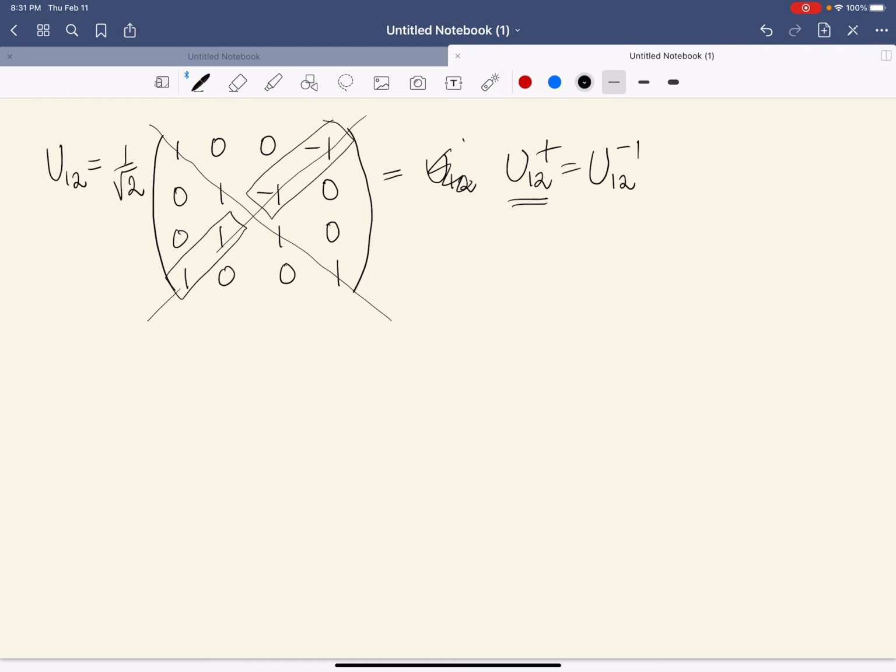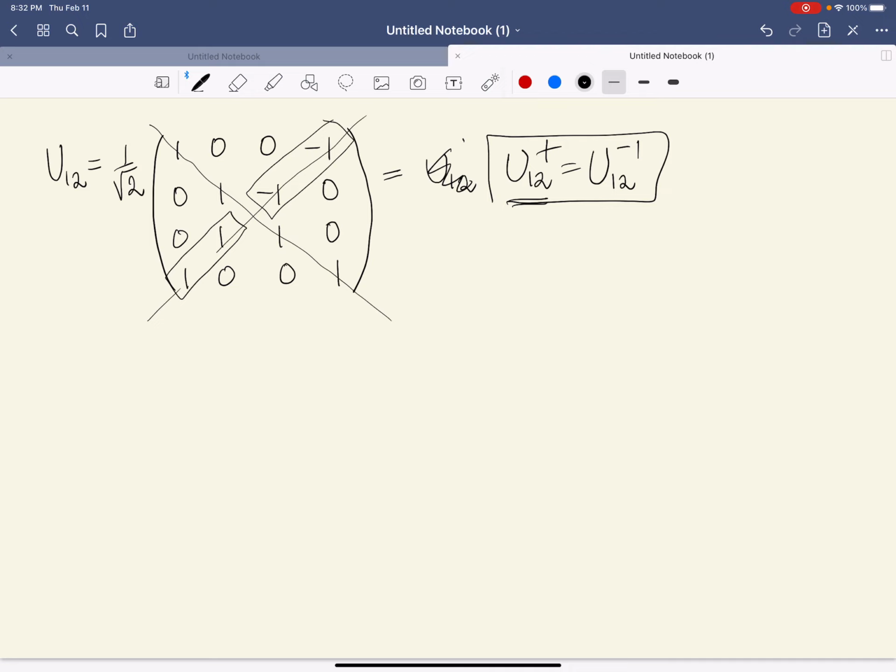You can easily work that out. In fact, the unitarity of this matrix can be proven by simply performing the multiplication of U12 with its Hermitian conjugate and showing that it indeed multiplies out to a unit matrix. I'm not going to dwell on the proof because this is a simple exercise that you can do at home.